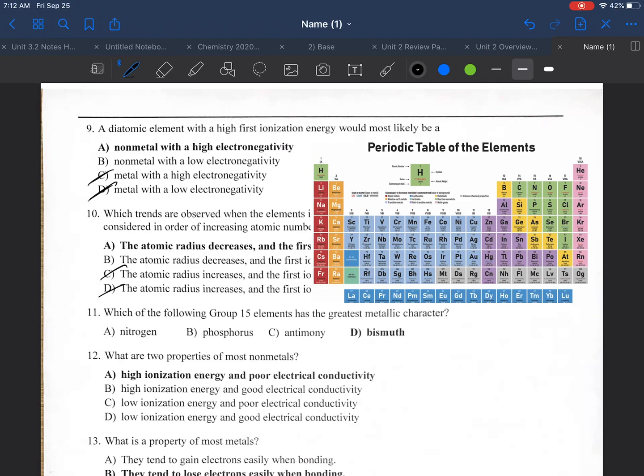And so if we think about group 15, well, here we also have a group full of nonmetals and metalloids and a metal. Bismuth is the only metal, so that kind of gives it away. But if we were in, let's say, group 2, the one closest to francium is going to have the most metallic character.